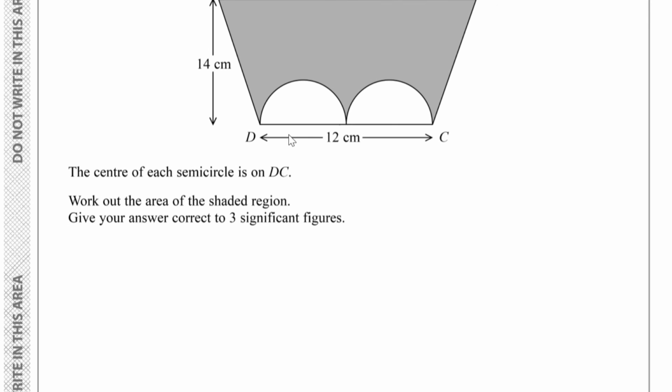Now, first of all, we can recognize that 2 semicircles make a full circle, which means if I halve DC, I will get the diameter of one of these semicircles, which is 6 centimeters.